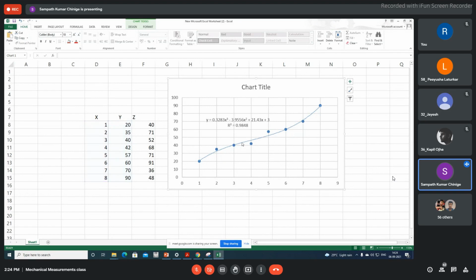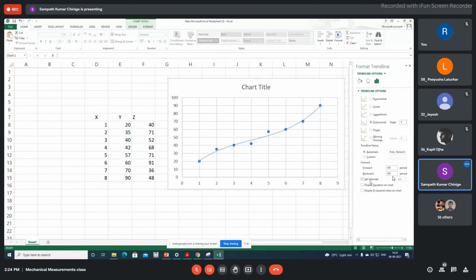Let us move on, and you may think that, sir, if we give 4th order, whether this will give you better or not. Let us look at that. Fourth order, it's not much change. Suppose I give 5, now the order 5 expression is much better.